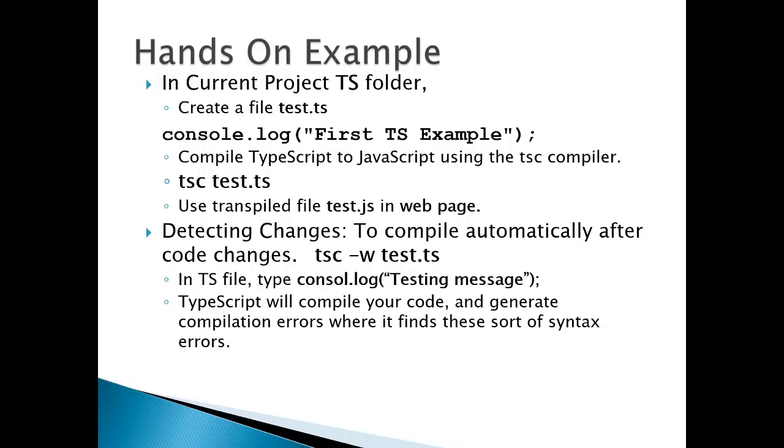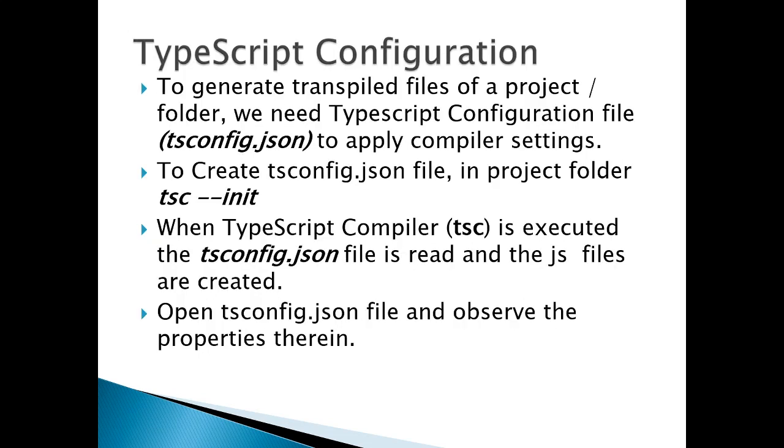This is transpiling, and this is a way with which we can transpile our TS file into a JS file. Next, we need to start our tsconfig.json. It is just like what we studied in Node, that is package.json.